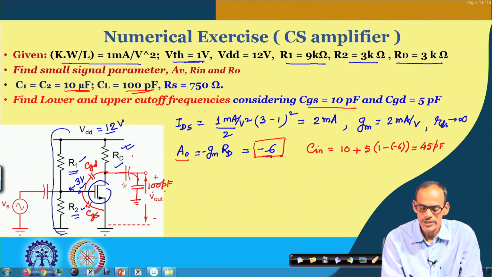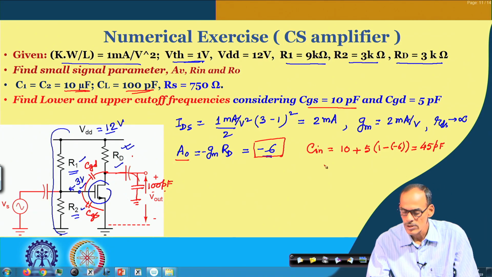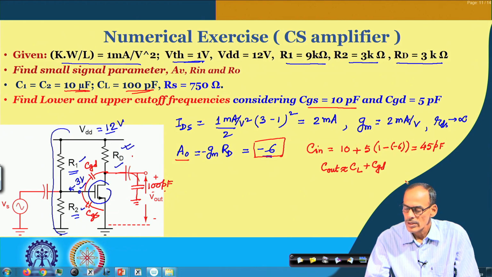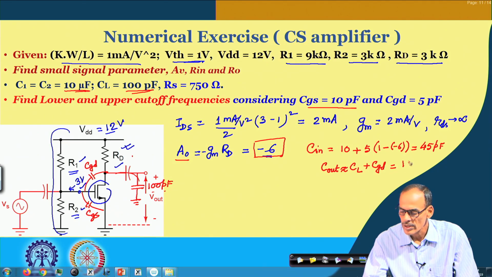So, the effect of CGD is coming here almost as is. So, we can say that C out is equal to CL plus CGD approximately, right. And so, that is equal to 105 picofarad.